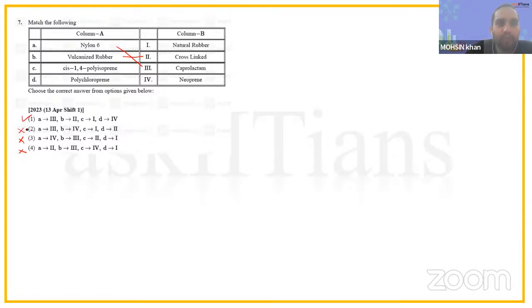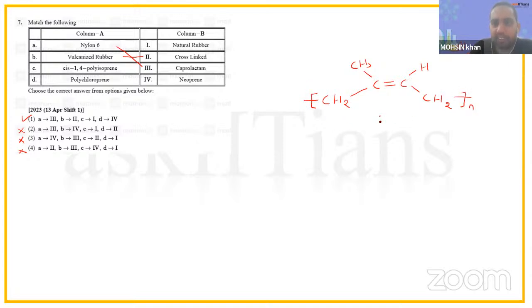Now cis 1,4 polyisoprene. Okay, let me draw this structure. CH2, C double bond, CH2, CH3, H, and here we have n.